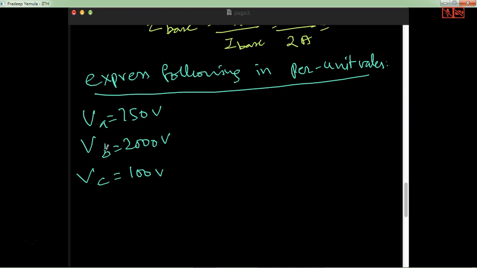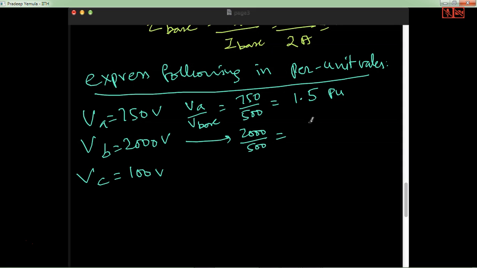So how do you express this? So simply divide each of them by the voltage base. So VA divided by V base, 750 divided by 500. So this will be 1.5 per unit. Similarly, 2000 divided by 500, this will be 4 per unit. And 100 divided by 500, it is 0.2 per unit.